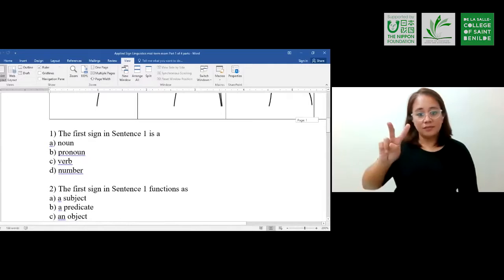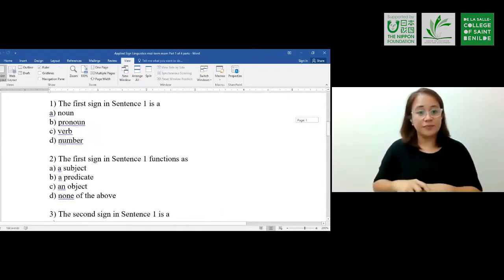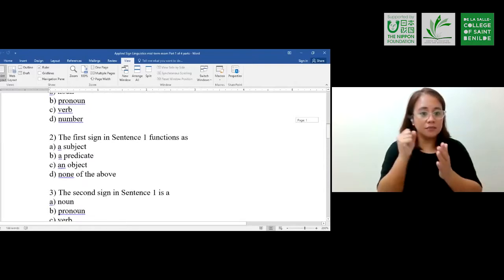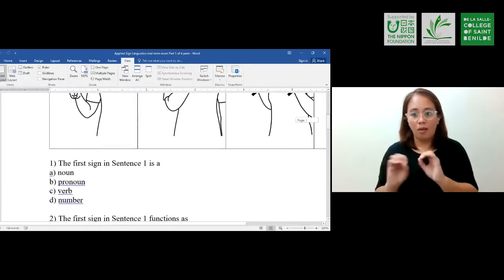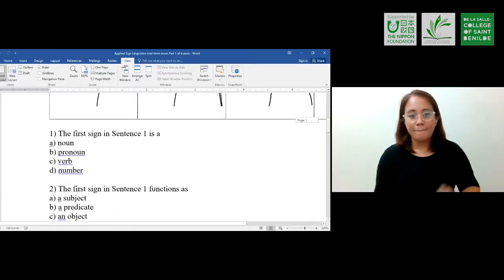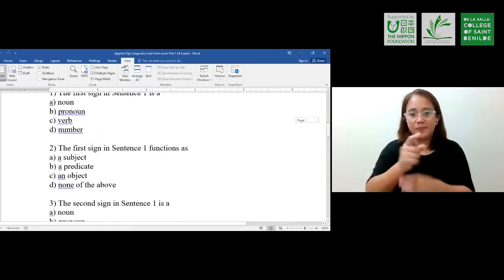The first sign in sentence 1 functions as a subject, A, a subject, B, a predicate, C, an object, D, none of the above. I see A's. Yes, A, subject.